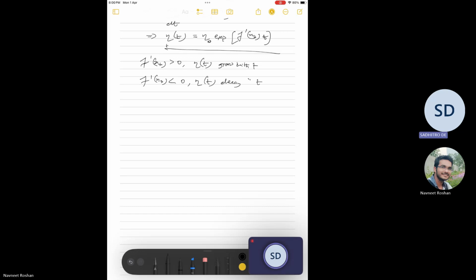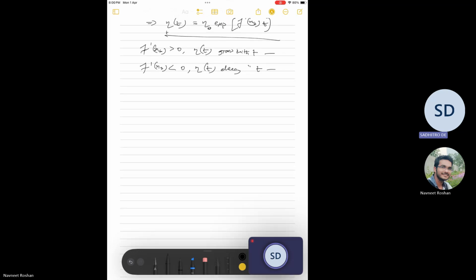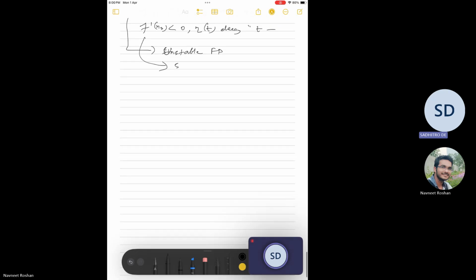So in this case, the perturbation grows with respect to time. In this case, the perturbation decays with respect to time above the fixed point. And therefore, if you try to map this with the earlier picture on fixed points which we had shown, you will see that this corresponds to an unstable fixed point, and this situation is a stable fixed point.